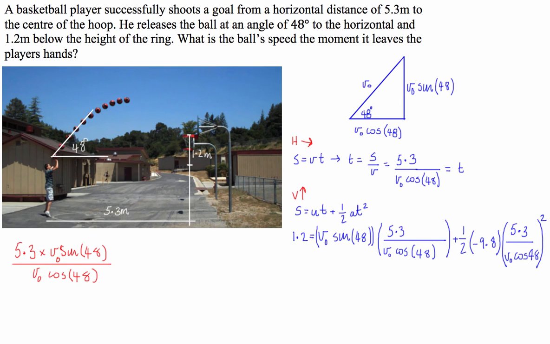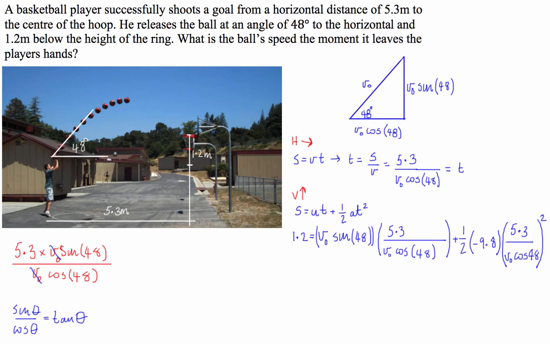Hopefully you would understand that these two v naught are going to cancel out, because they're multiplied, so v naught divided by v naught is just 1. Also, the rule is that sine of theta on cos of theta is equal to tan of theta.